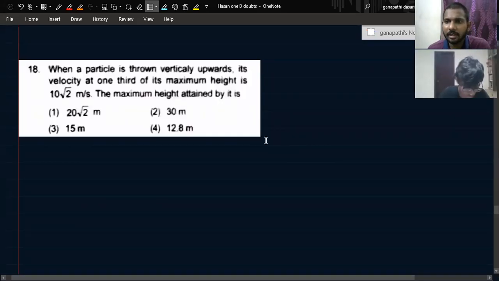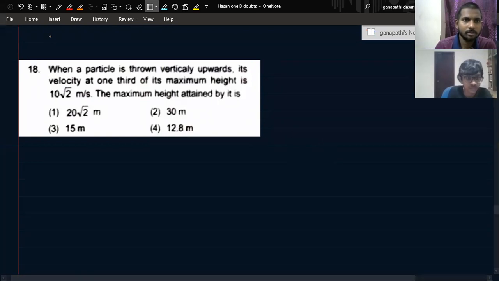Can you solve this question? In your book, 18th question in your book.